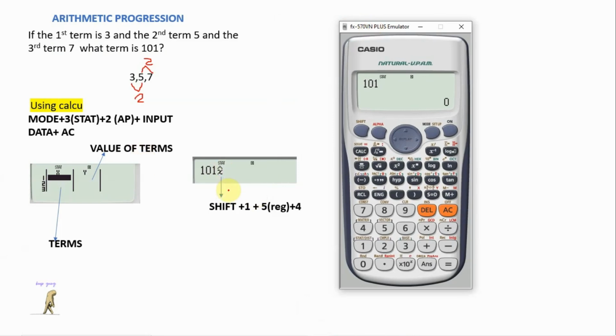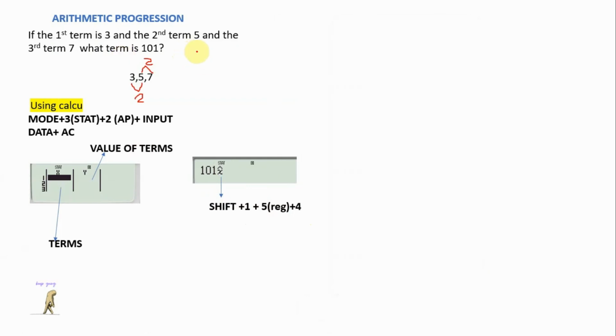We need to press shift, then 1 for stats, then 5 once more for regression, and then number 4 for our x, okay? And then press equals, we will get our value, which is 50. Okay po? The term here is 50. So this is our answer for the second question.